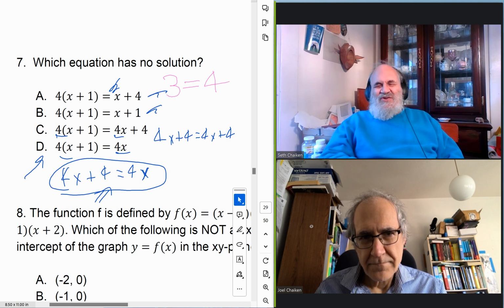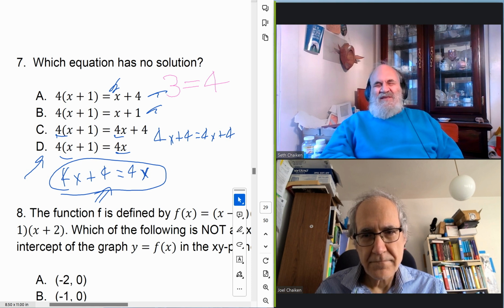Some equations have exactly one solution. Other equations have no solutions. Some equations have 2 solutions, some equations have 3 solutions, and some equations have infinitely many solutions.